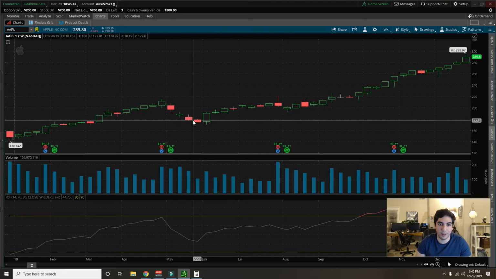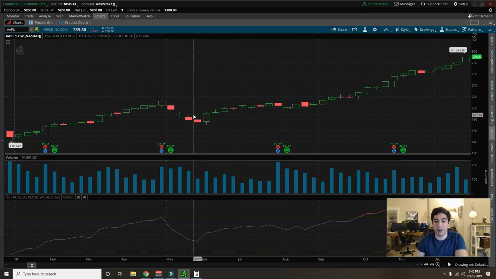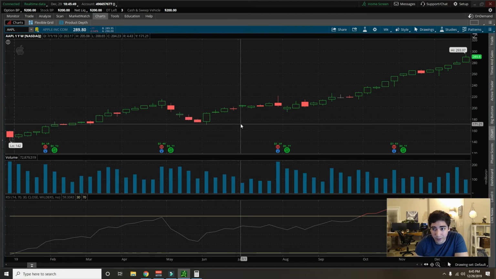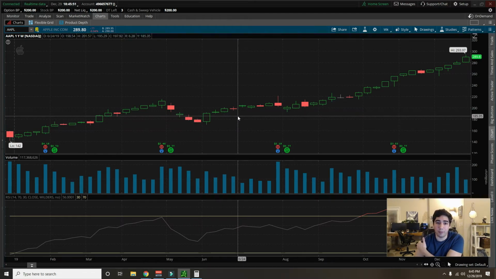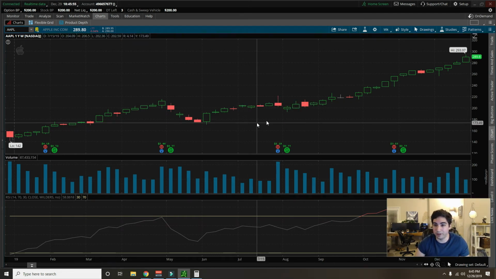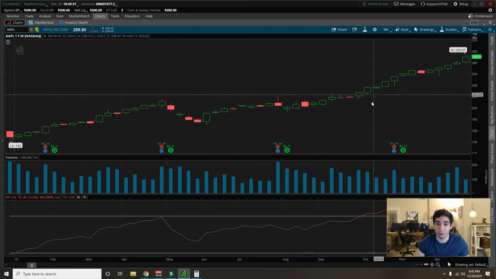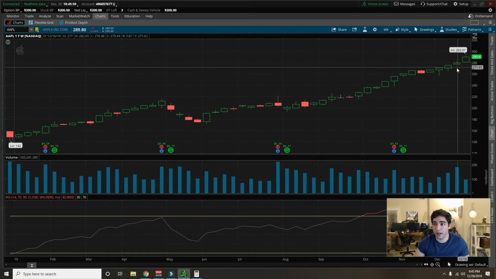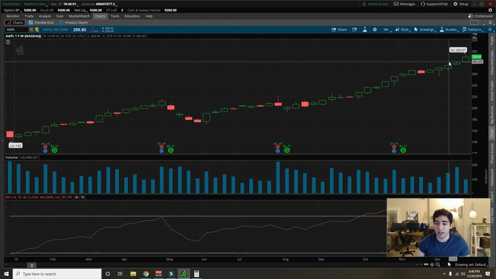This is the only time in the last year where they had any significant downward trend. So pretty much every single week, Apple has stayed at their stock price or gone higher than the previous week. So that makes me feel like in 2 weeks, Apple's most likely going to be trading at $290 or higher.